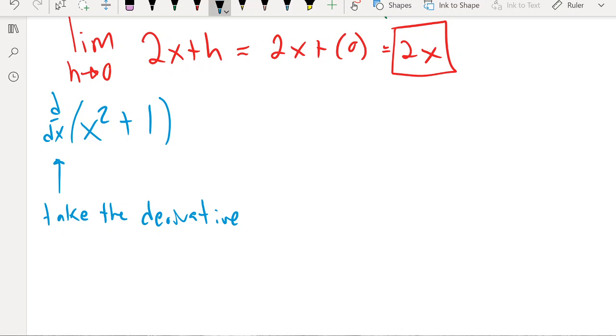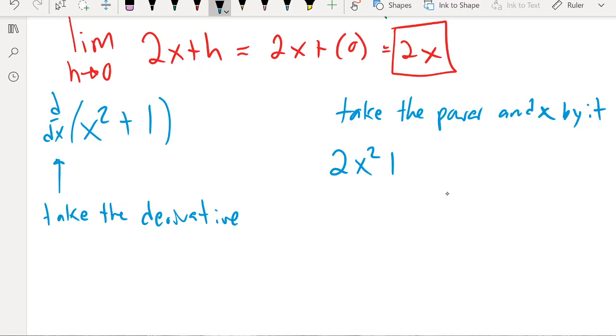So in order to take the derivative, here's what you do. First step, I'm going to take the power and multiply by it. I'm going to take the power and multiply it. So that means I'm going to write 2x squared plus 1.